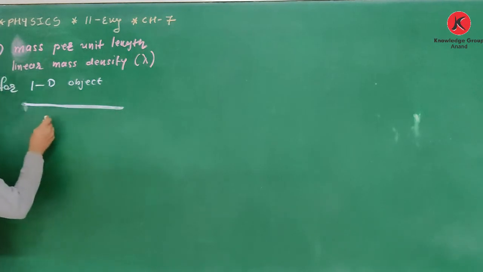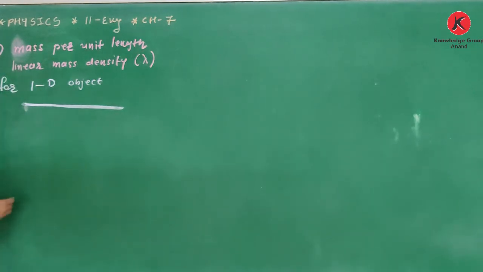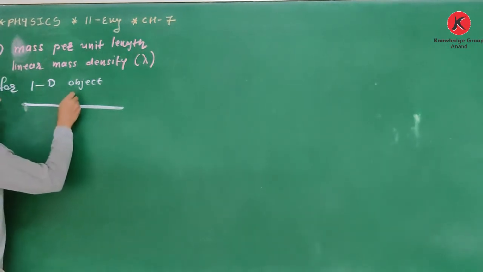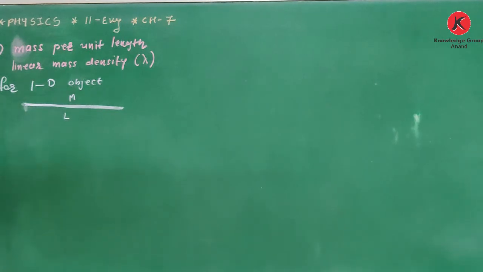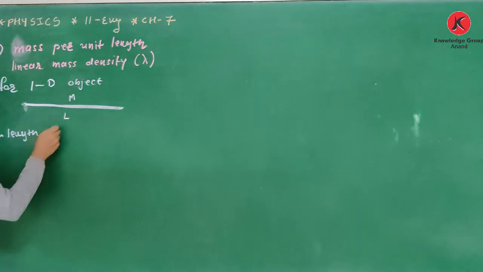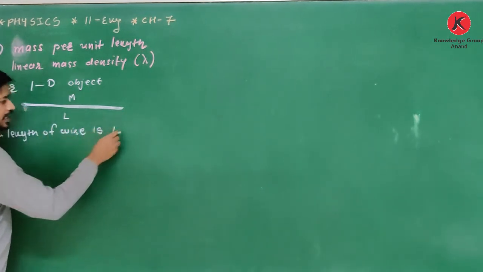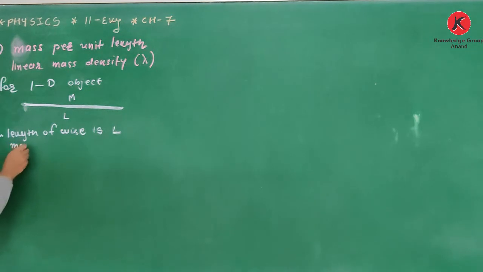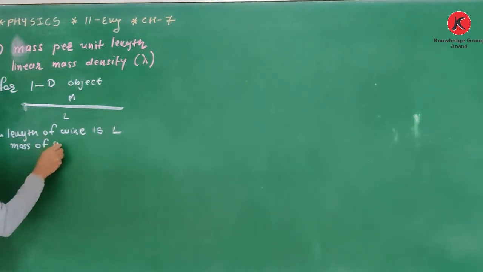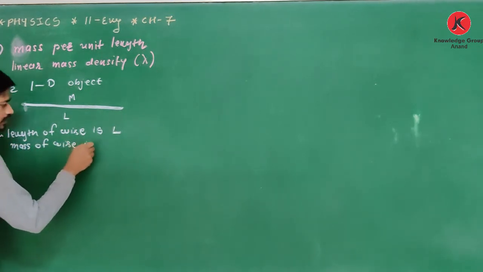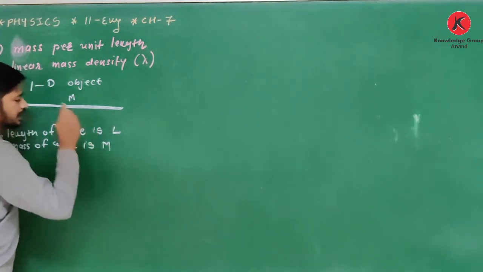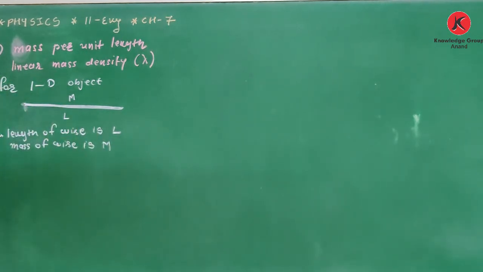Let its length be L and its mass be M. Let the length of the wire be L and the mass of the wire be M. Clear about this? Total length and total mass.